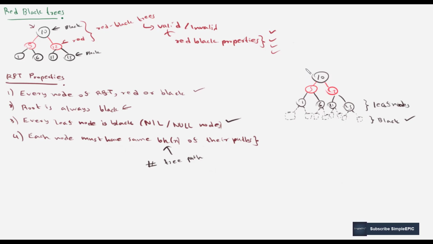So just count the black nodes. When you're counting black nodes, this is 1, this is 1, and don't count this. So the black height in this case is 3. If you find the left path, it is 3, and the right path is also 3.